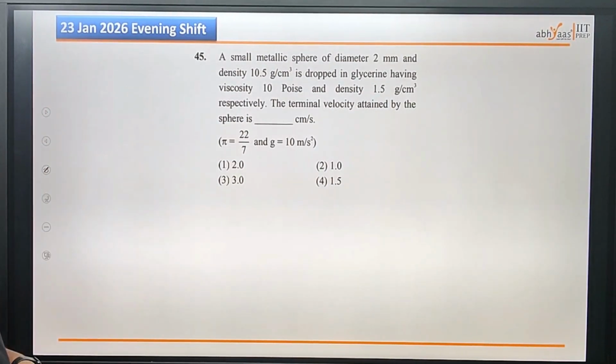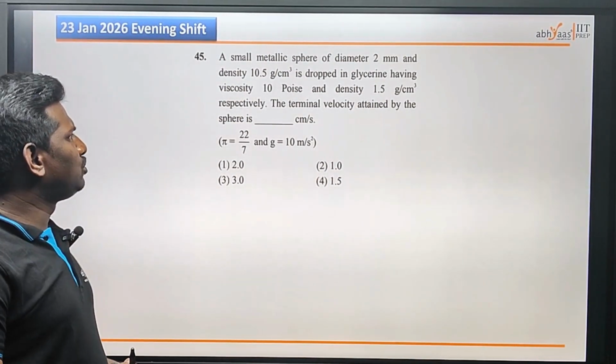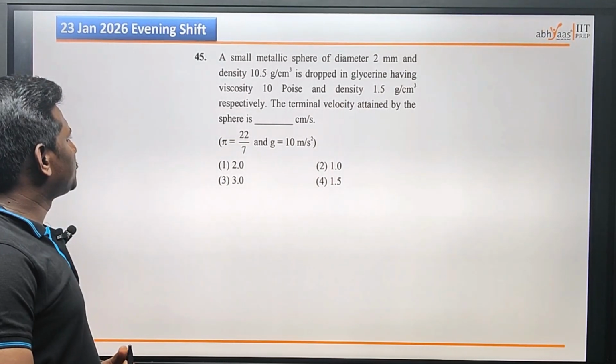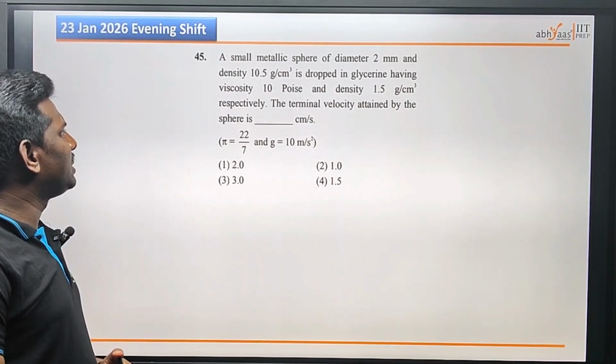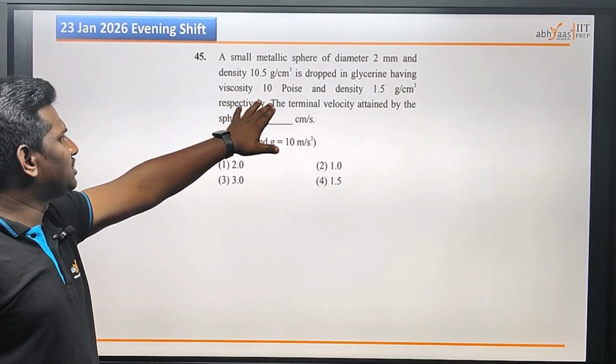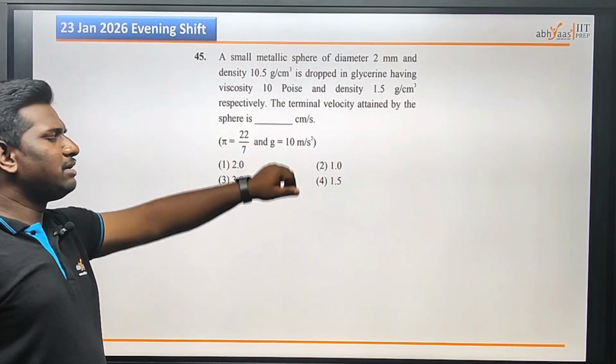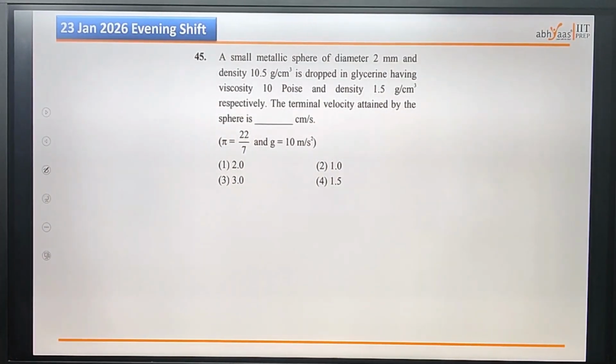Next, question number 45. A small metallic sphere of diameter 2 mm, density they have given, is dropped in a viscous liquid of viscosity 10 poise, and density they have given. The terminal velocity attained by the sphere.